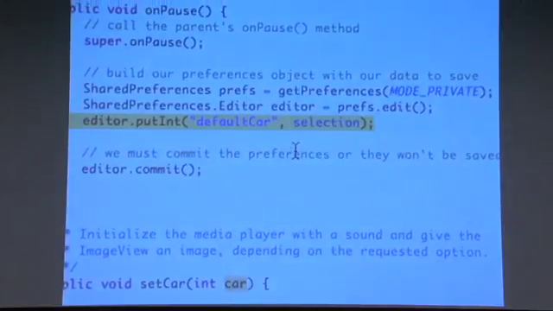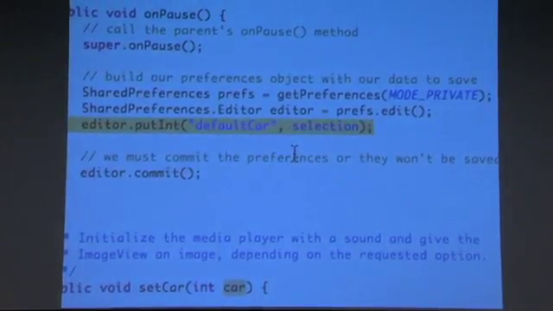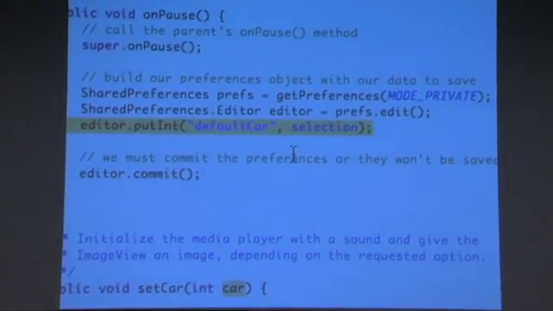Yes? Very simple question. With the putInt or other primitives there, is it possible to put an array of ints into this method? No, it's not. It accepts only very primitive data types.